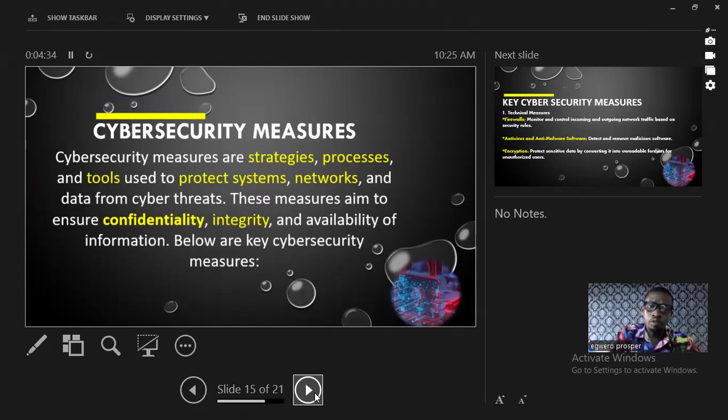These measures aim to ensure confidentiality, integrity, and availability of information. Right? So what is the essence of a cybersecurity expert putting measures in place? It's very straightforward.